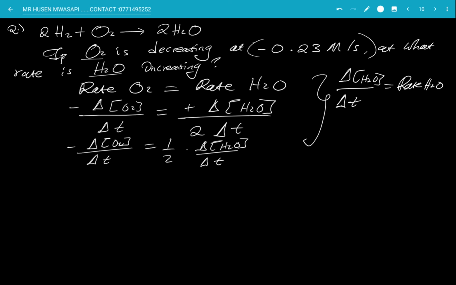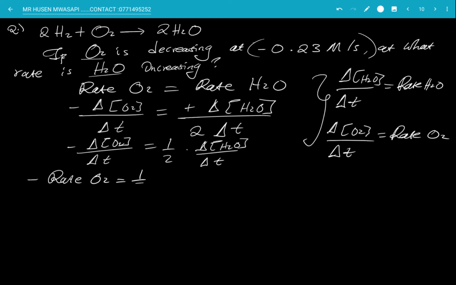H2O. And change in concentration of O2 over change in time is equal to what? Rate of O2. So this is going to be minus rate of O2 producing 1 over 2 rate of H2O. What we want is the rate of H2O.